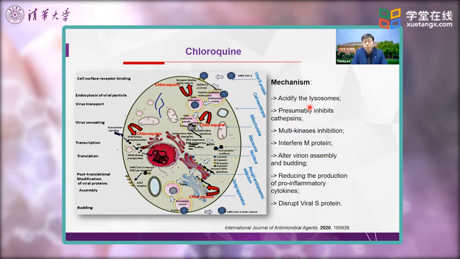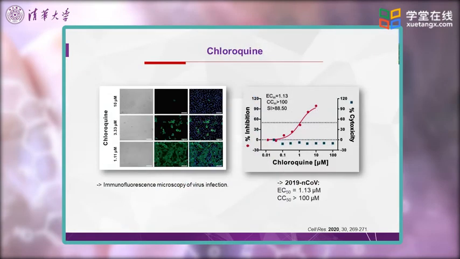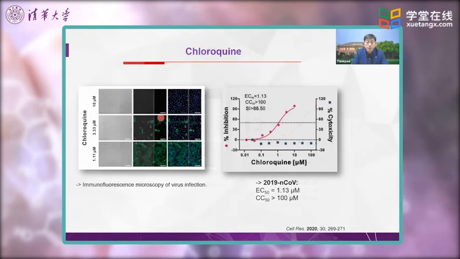Chloroquine may presumptively inhibit capsaicin. It may inhibit different kinases, interferon, M protein, and alter virion assembly in the body. It was also reported that chloroquine can reduce the production of pro-inflammatory cytokines and disrupt viral S protein. In the early part of this year, a Chinese group published a paper in Cell Research.